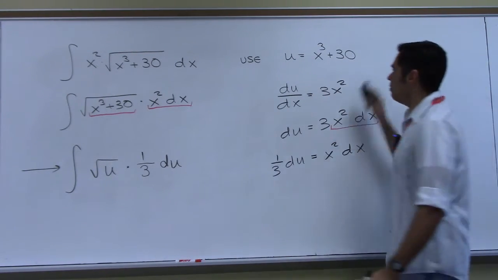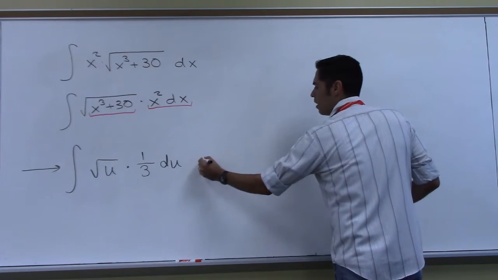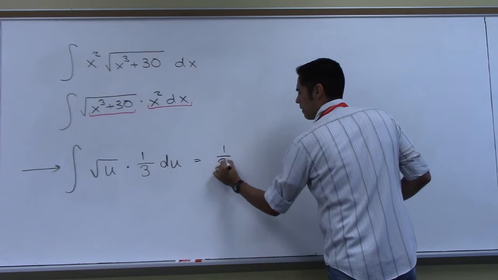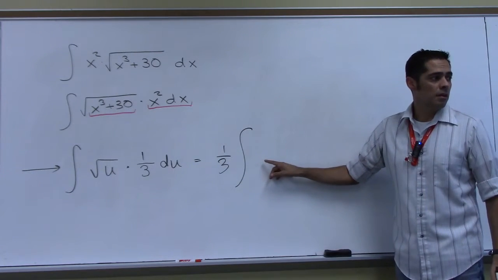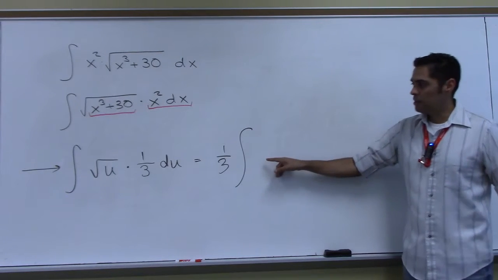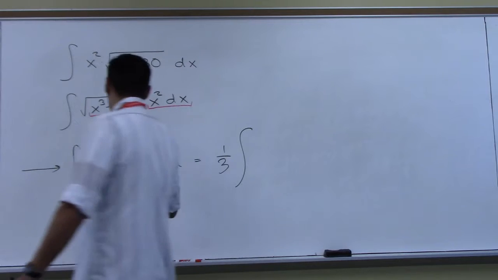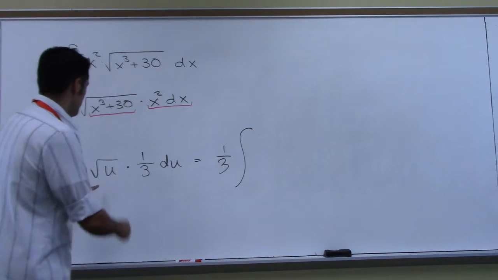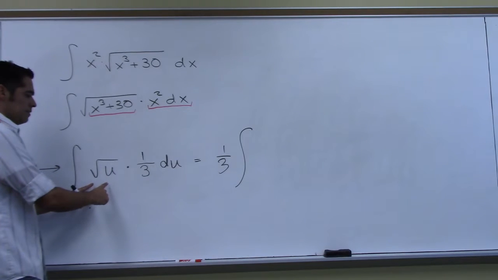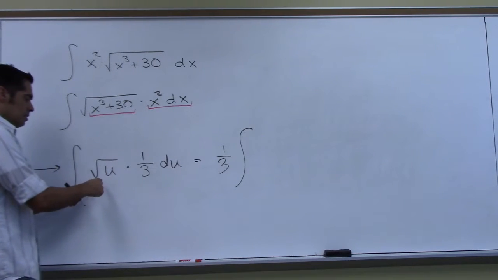Okay, so now what I'll do is I will clean it up. I'm going to take that 1/3 out to the front. And the square root of u, should I leave it as square root of u if I'm going to take the antiderivative? What should I write it as? Not yet. We haven't done the antiderivative yet. But if I want the antiderivative of the square root of this, do the 1/2, right?